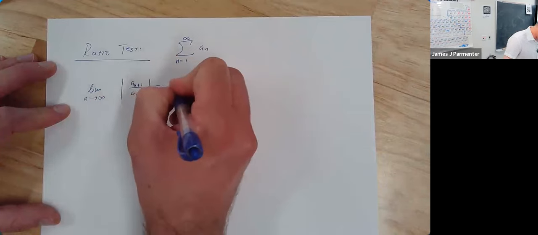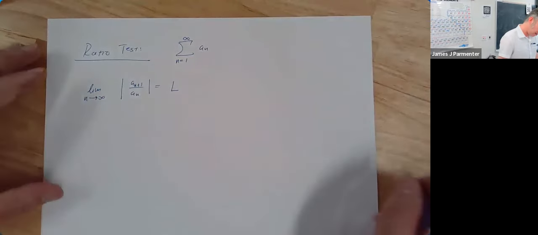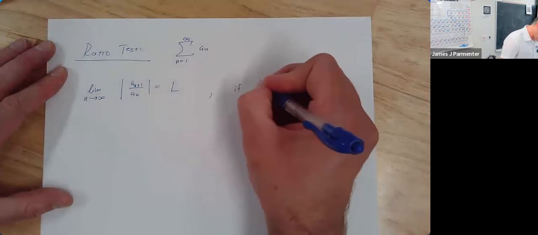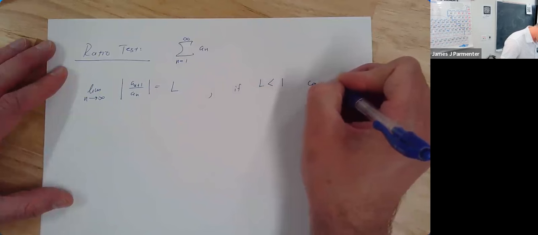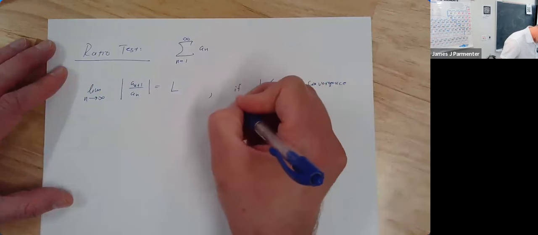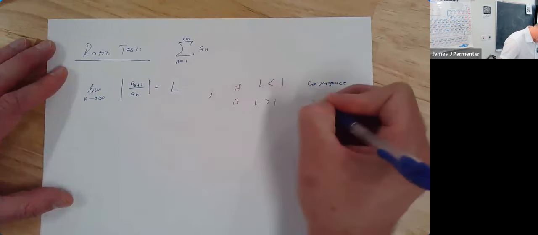And you're going to get some number, possibly infinity. If that number is less than 1, you get convergence. If that limit is larger than 1, you get divergence.